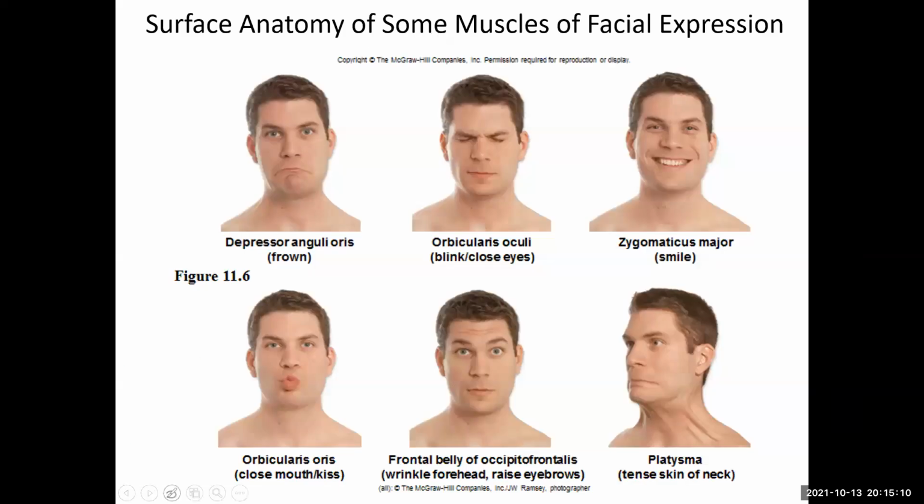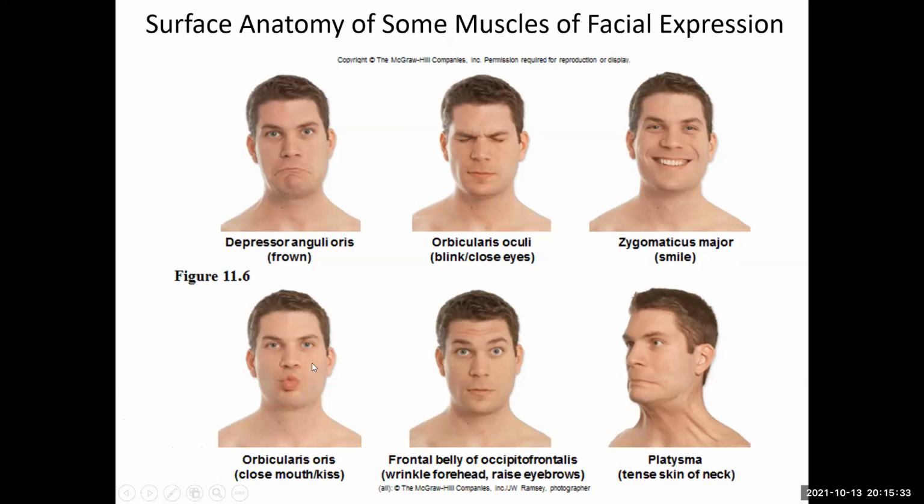He's going to demonstrate what it looks like when he contracts these muscles. Depressor anguli oris, pulling the lips down. All right, Orbicularis Oculi. You can see how he's squinting and closing his eyes. Zygomaticus Major and Minor will help to pull the corners of your mouth superiorly, upwards.